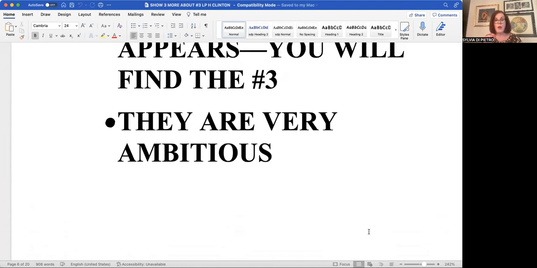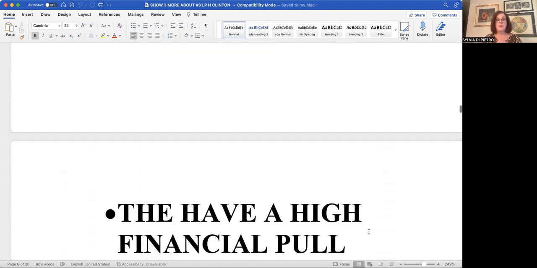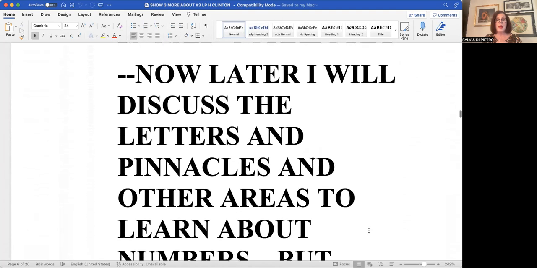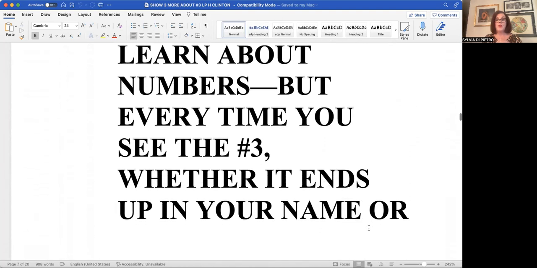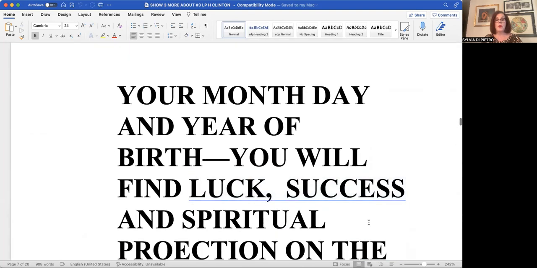And they're also very ambitious. You know, they make money easily and they put themselves out there on the internet, on YouTube, on websites, because they are ambitious, okay? Now, later we're going to see that there are other places that the 3 can show up and can bring you fame and fortune, okay?